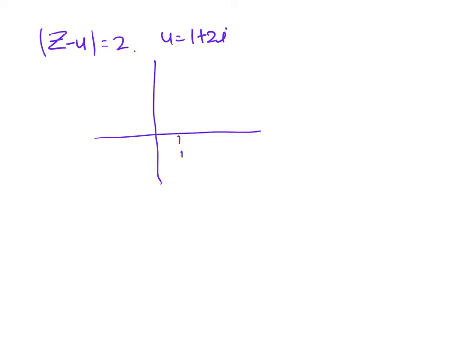That's your real axis, and that's the imaginary axis. So 1 on the real axis and 2 on the imaginary axis. Let's say that's 1, 2, 3, 4, approximately. That's 1 and 2i, so it should be up here. So that's 1 and your imaginary value will be 2.